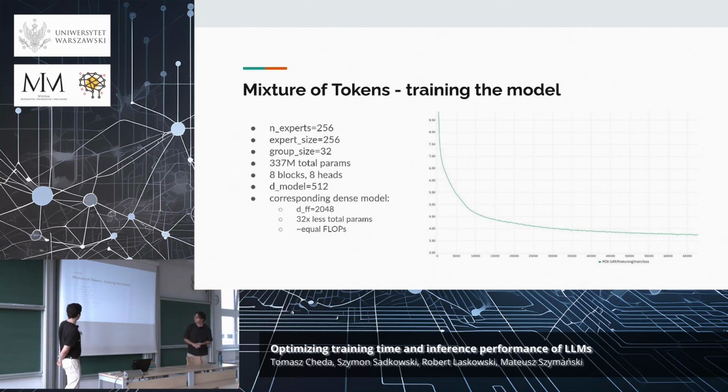The expansion rate that we used was similar to the paper. So this mixture of tokens model had like 32 times as many parameters as the dense model that we based it on. But remember, the active parameters are the same.